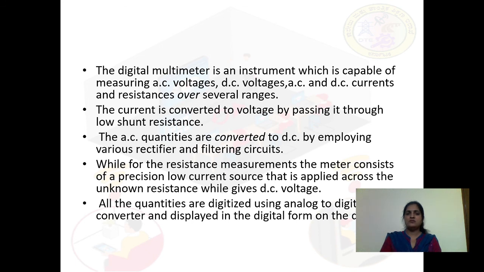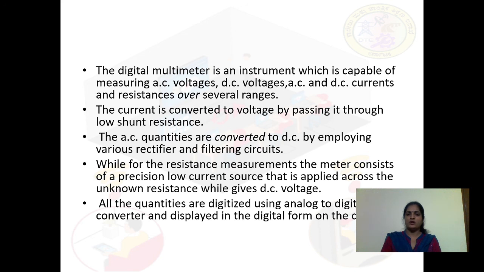So this digital multimeter is an instrument capable of measuring AC voltage, DC voltage, AC and DC current, and resistance over several ranges. Here the current is converted to voltage by passing it through a low shunt resistance. Similarly, the AC quantity can be converted into DC by employing rectifiers and filtering circuits.